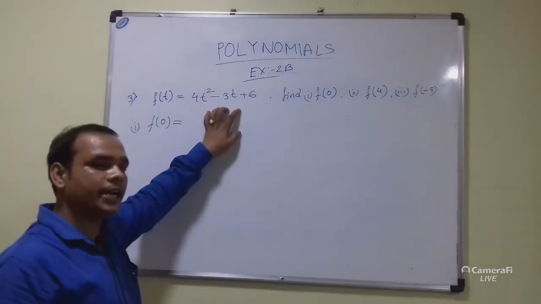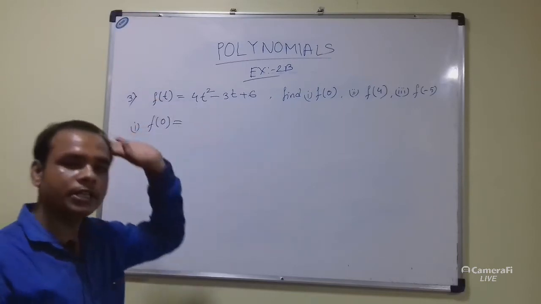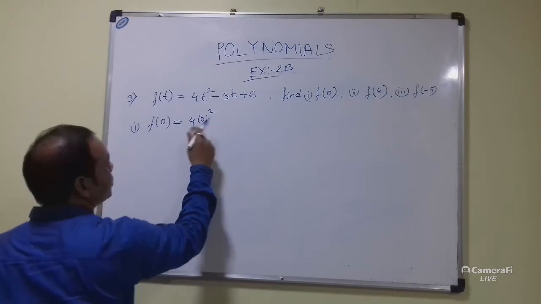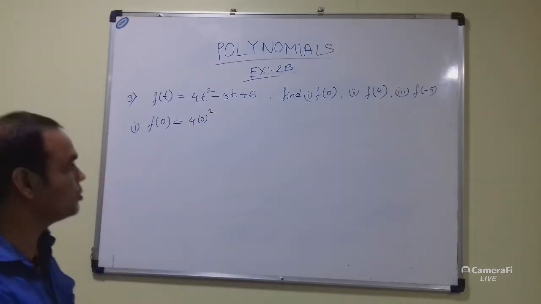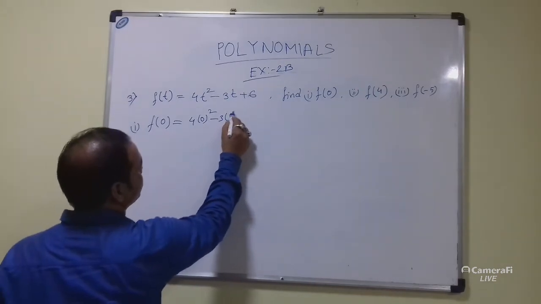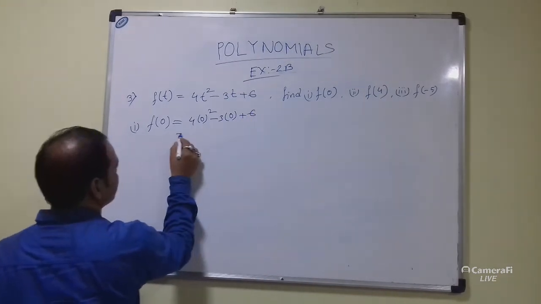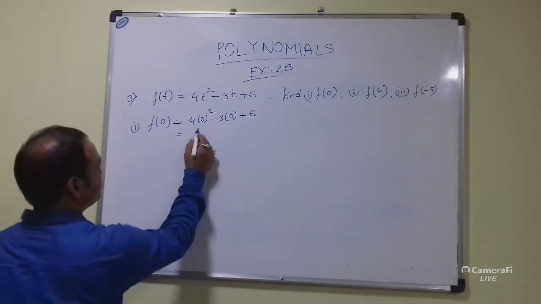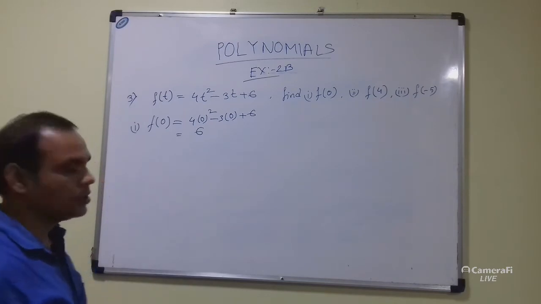So 4 into 0 square minus 3 into 0 plus 6. Now 4 into 0 is 0 and 3 into 0 is 0, so 6 is the answer.